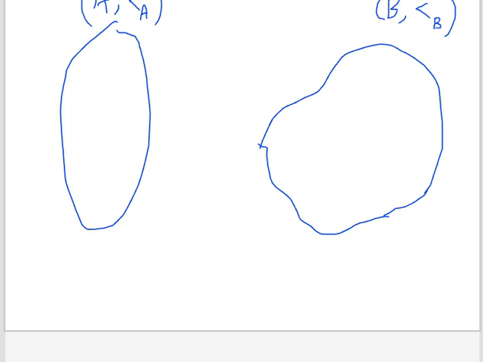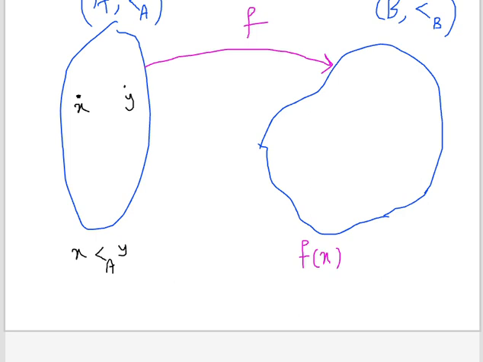For example, this is X and this is Y. Okay. X is less than Y by this order. Okay. And if I can find an F between A and B such that F(X) here and this is F(Y).